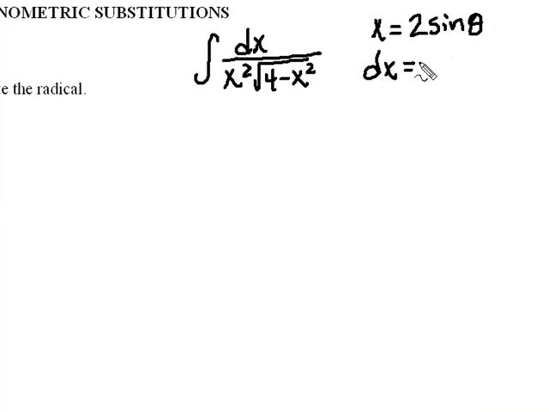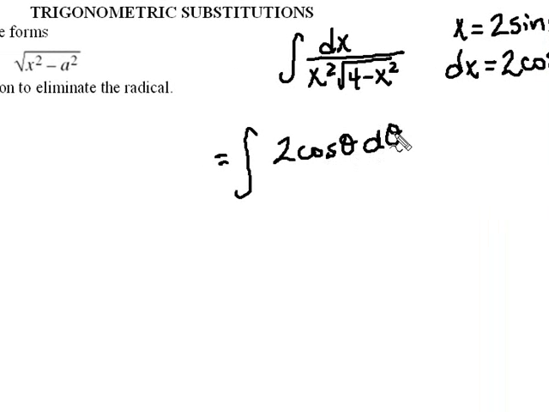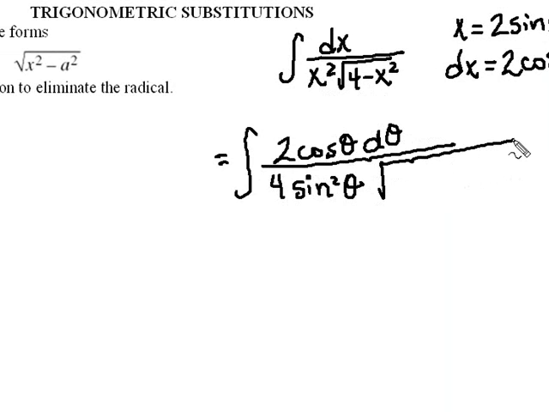The derivative of 2 sine of theta is 2 cosine theta d theta. And now let's plug in. Instead of dx, we have 2 cosine theta d theta. Instead of x squared, we have 4 sine squared of theta. And instead of the square root of 4 minus x squared, we have the square root of 4 minus 4 sine squared theta.